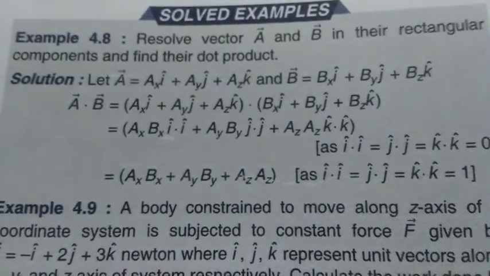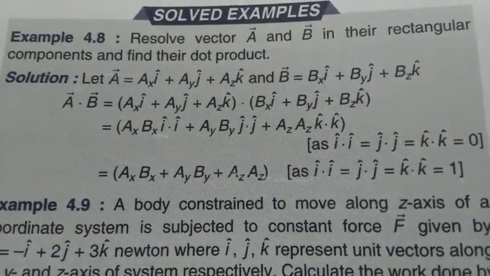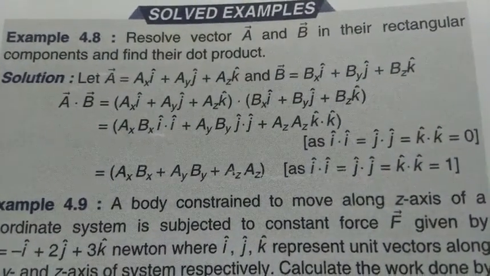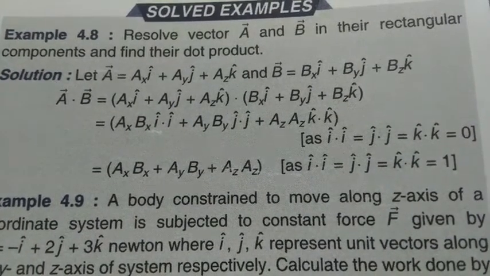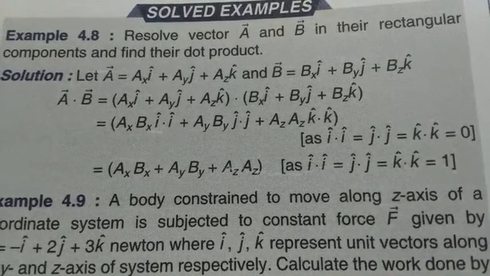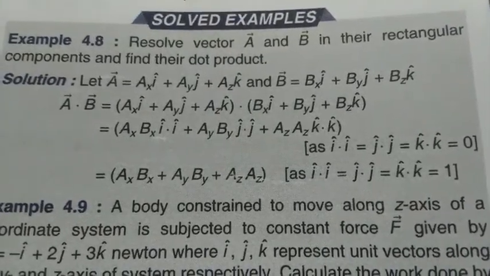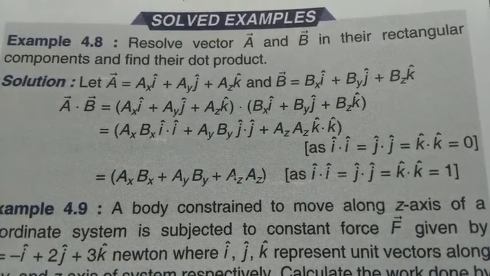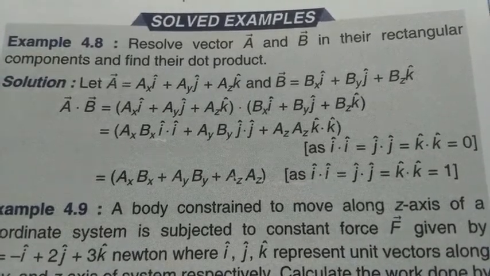Now let's discuss some examples of dot product. Here you can see example 4.8 in front of you. Resolve vectors a and b into their rectangular components and find their dot product. First of all we have to resolve the vectors into their rectangular components.